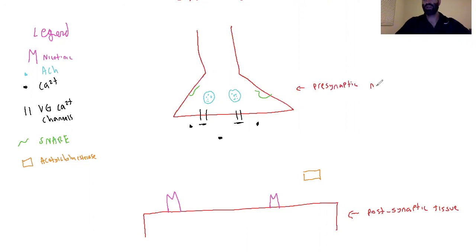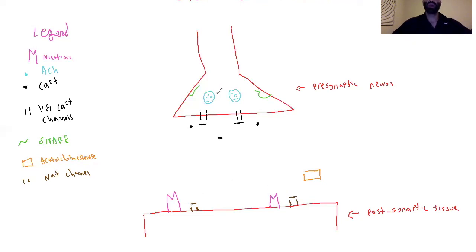So let's go ahead and define some of our terms here before we get started. These receptors sitting on top of the muscle tissue are called nicotinic receptors. If you recall, they are ionotropic and connected to a channel. So I'm just going to go ahead, this is not in the legend, I'll add it in: sodium channel. So they're ionotropic. As soon as acetylcholine binds with nicotinic receptors, the channel opens.